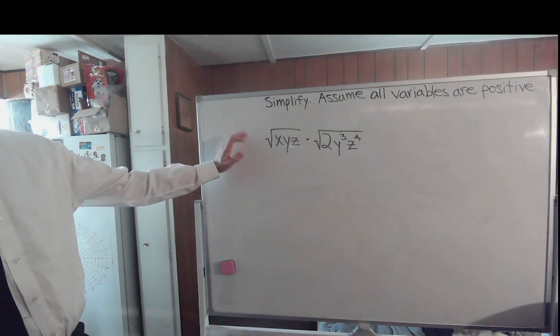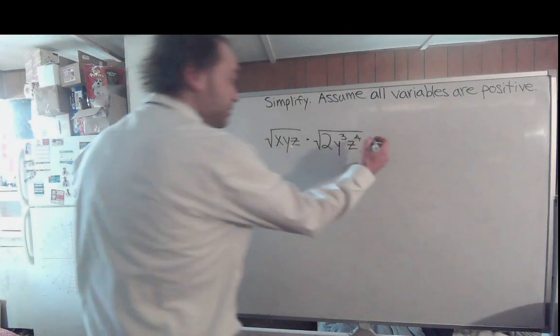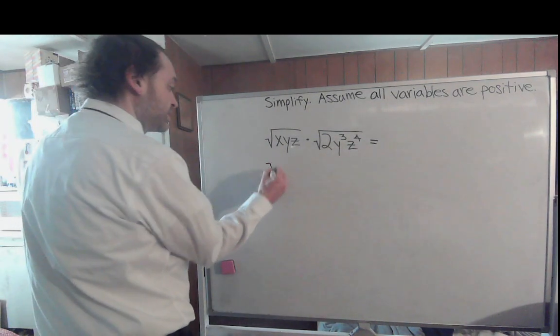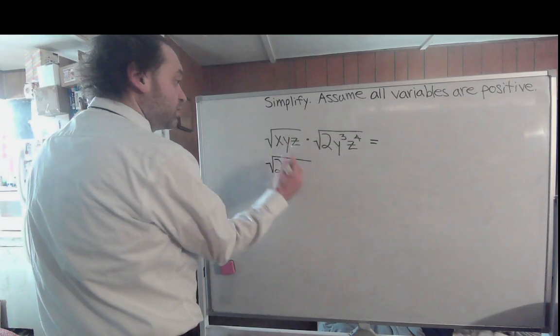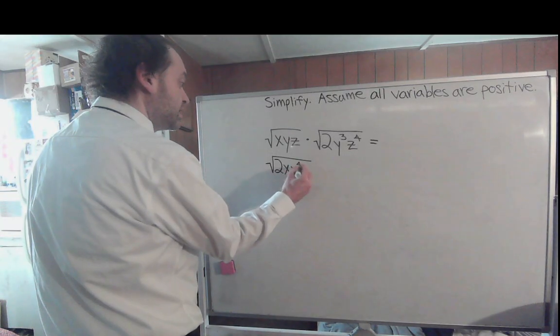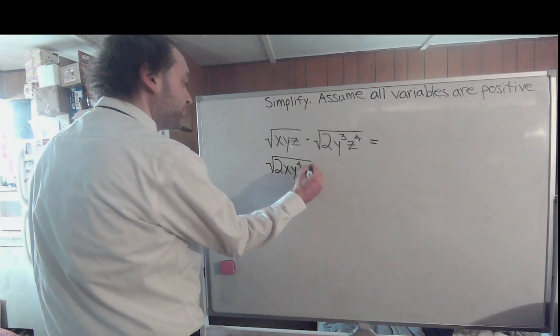Well, same root, so let's combine everything into one root. This would all turn into the square root of 2x y to the fourth z to the fifth.